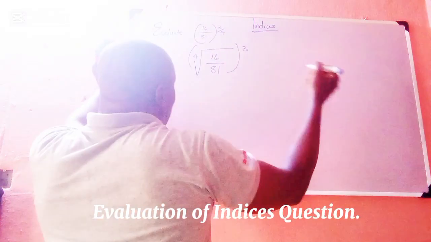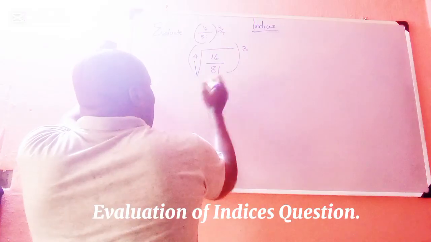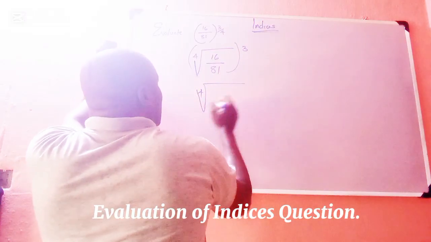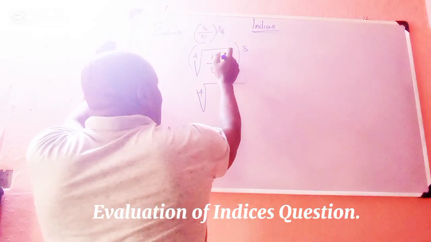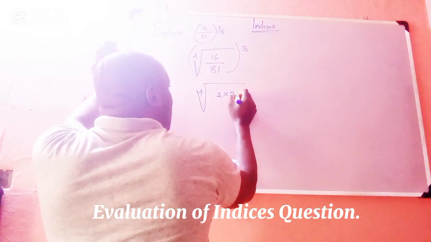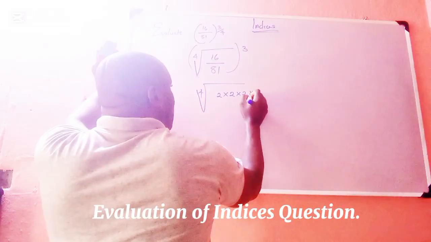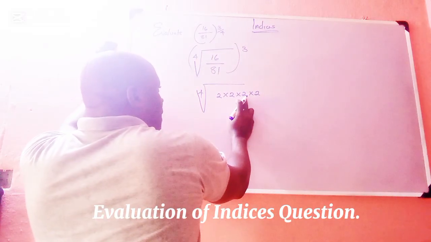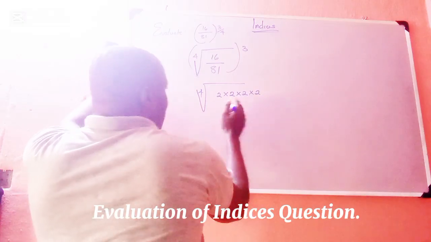So now let's look at it from this perspective. The fourth root of 16 is telling us 2 times 2 times 2 times 2. 2 times 2 is 4, 4 times 2 is 8, and 2 times 8 is 16.